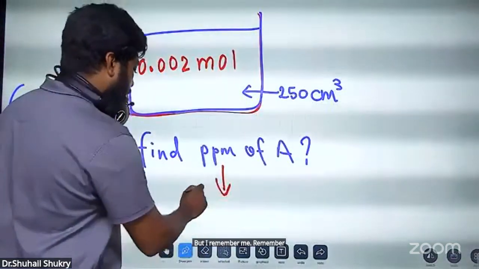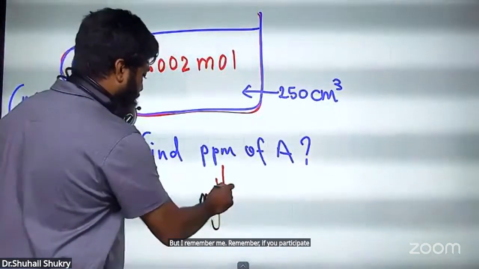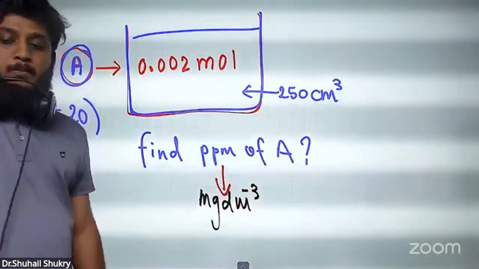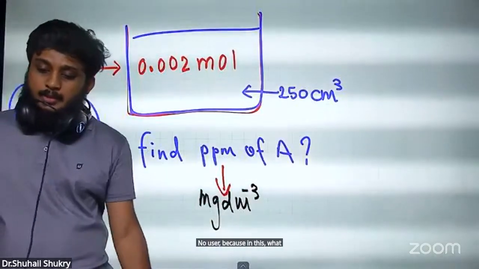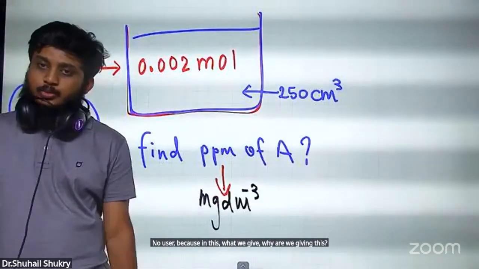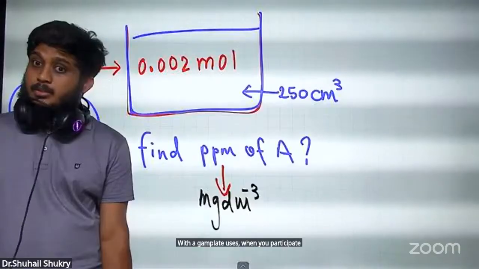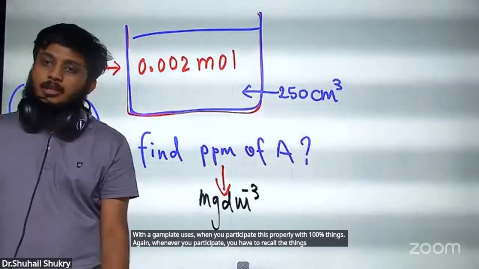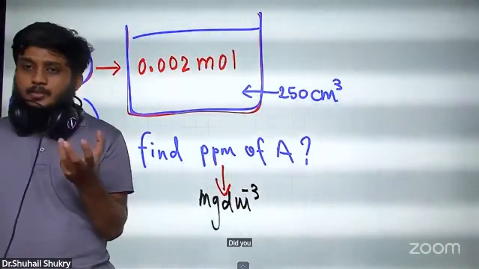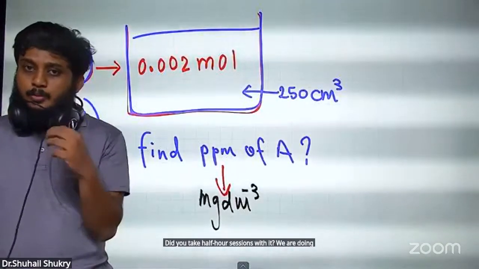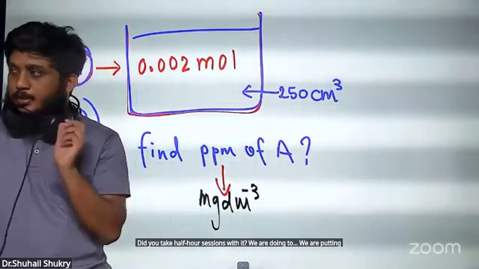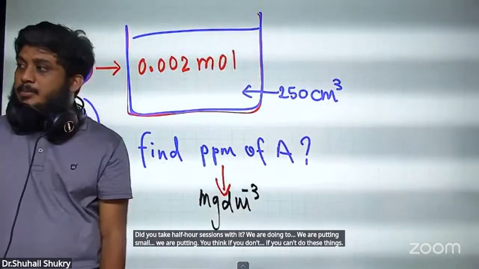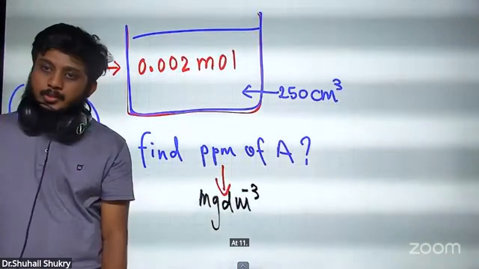Remember, if you participate in these sessions without writing these down and without recalling them, there is no use. The full use comes when you participate properly, 100%. Whenever you participate, you have to recall the things and come the next night. We are doing these small half-hour sessions, and if you can't do these things, you will face problems.